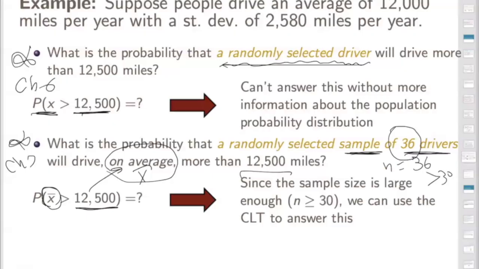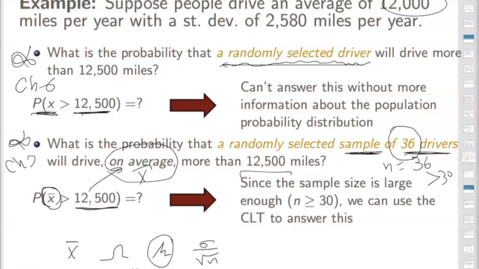The central limit theorem says that if you have n greater than 30 observations, the sample mean x bar has normal distribution with mean mu and standard deviation sigma divided by square root of n. So what is the mean of the distribution now? Look up there: people drive an average of 12,000 miles. So this is the average of the sampling distribution of x bar.